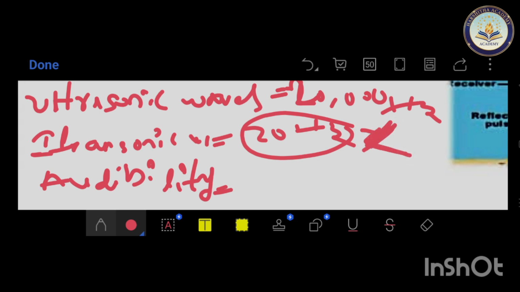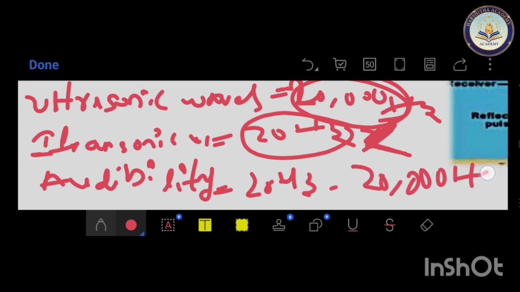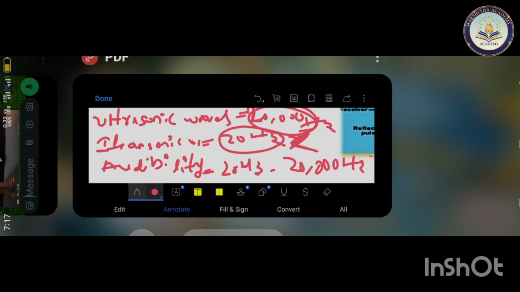Ultrasonic waves are sounds produced with a frequency more than 20,000 hertz. The audibility range of human beings is between 20 hertz and 20,000 hertz.